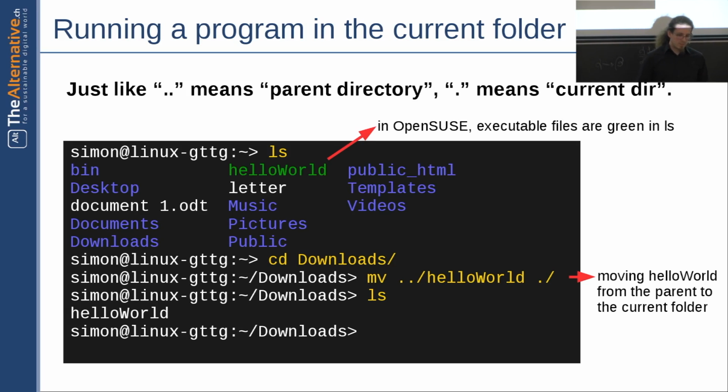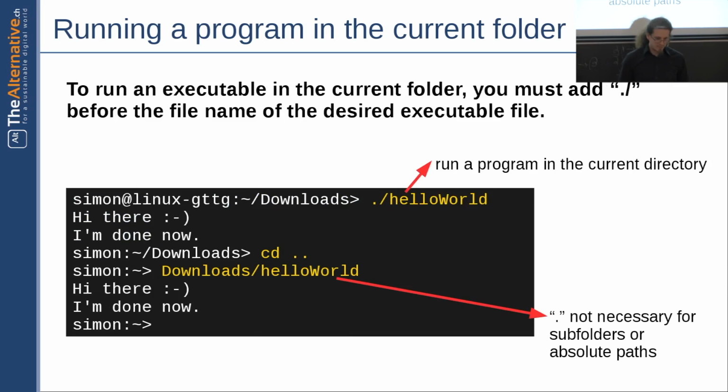If you specify a path before your executable, you will actually be able to execute this hello world. If you just type hello world, it will tell you, I don't know what hello world is. But if you type ./hello world, it will actually do what hello world does. Hello world in this case just says hi.